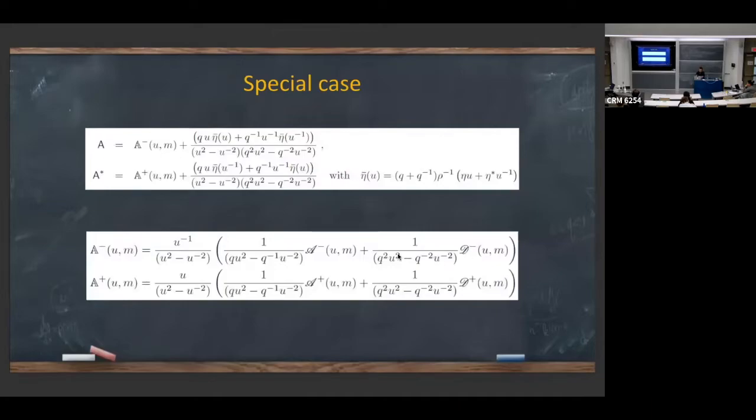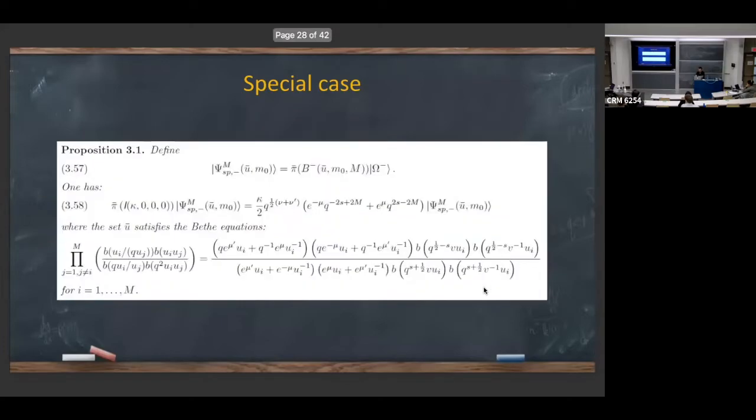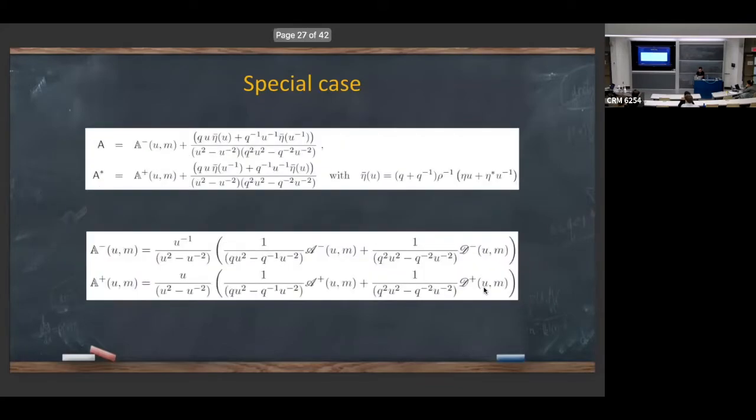This is nice because in Bethe ansatz, as I mentioned, we like expressions where we have only A and D. And for the A star, we can also do a similar strategy, but now we have A plus and D plus.